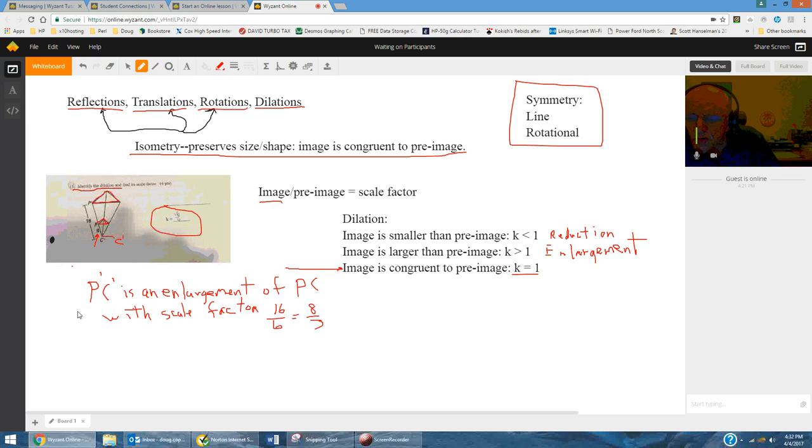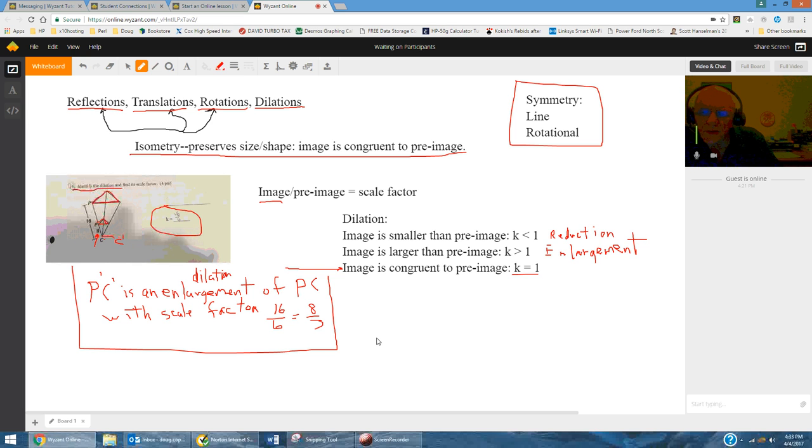This sentence kind of identifies the dilation, and we could say enlargement slash dilation. So again, the image P prime C prime, this segment, which has a length of 16, is an enlargement of segment PC, or pre-image PC, with a scale factor of 8/3.